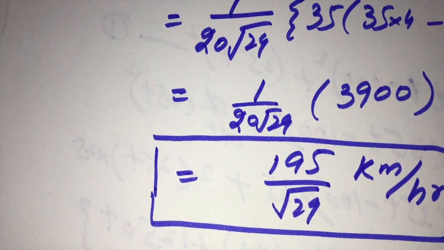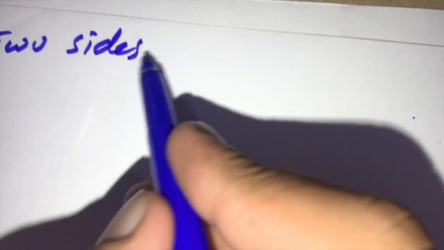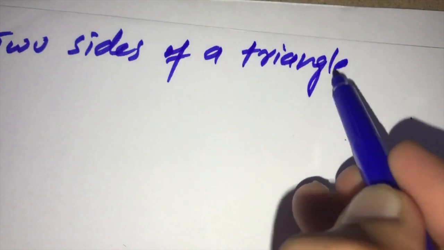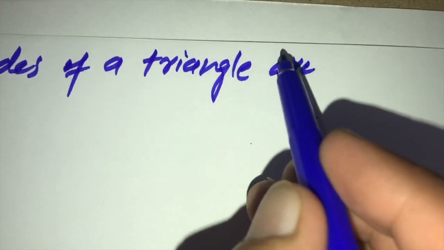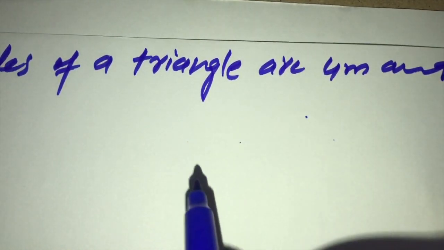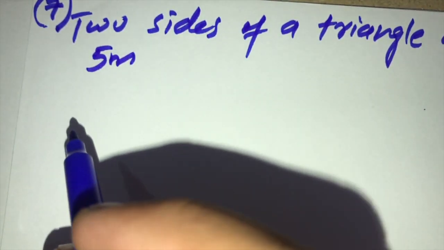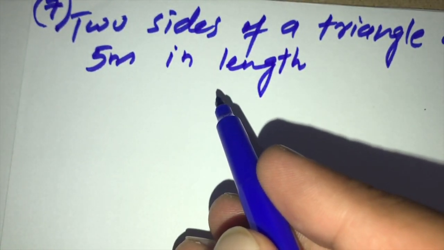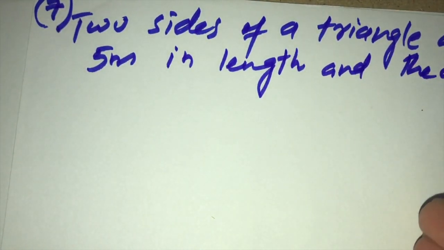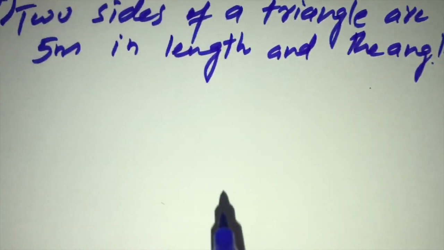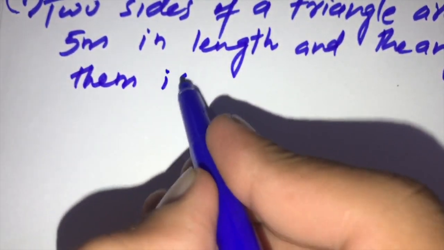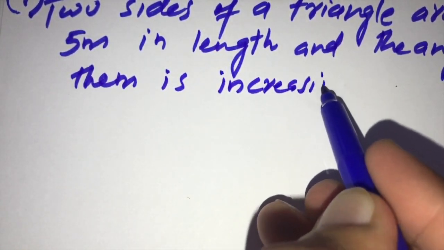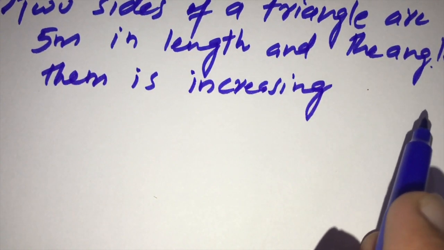Now moving to question number 7. Two sides of a triangle are 4 meter and 5 meter in length, and the angle between them is increasing at a rate of 0.06 radian per second.